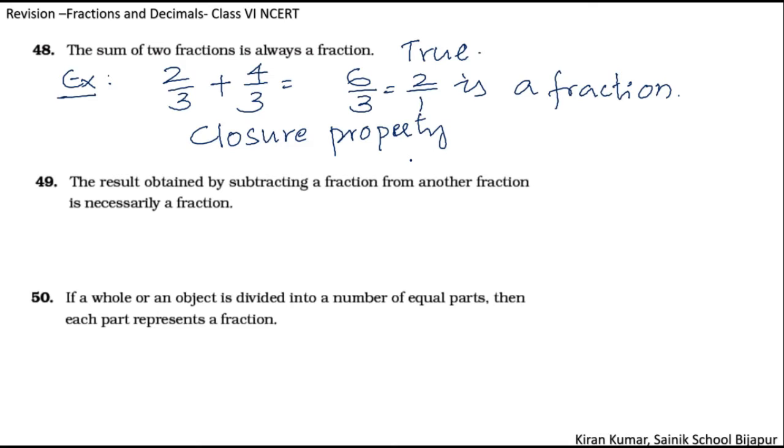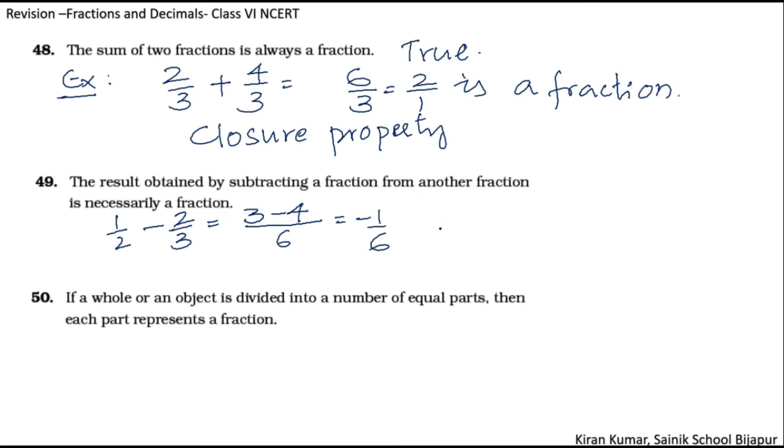Question 49. The result obtained by subtracting a fraction from another fraction is necessarily a fraction. When the question is like this, if I consider some numbers, say 1 by 2 minus 2 by 3, when I subtract, I get 6 as the LCM, so this will be 3 minus 4, which is negative 1 by 6.